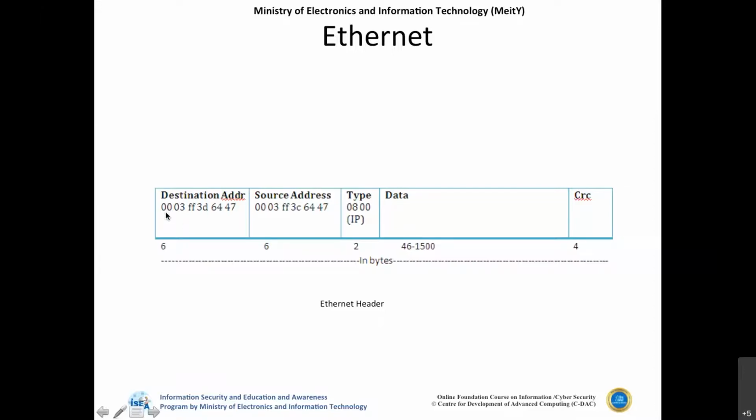And if you look at 0003FF, that means the destination network card and source network card both belong to one company, because the first 24 bits tell about the company name. If you look, this one is 3D6447, this one 3C6447.